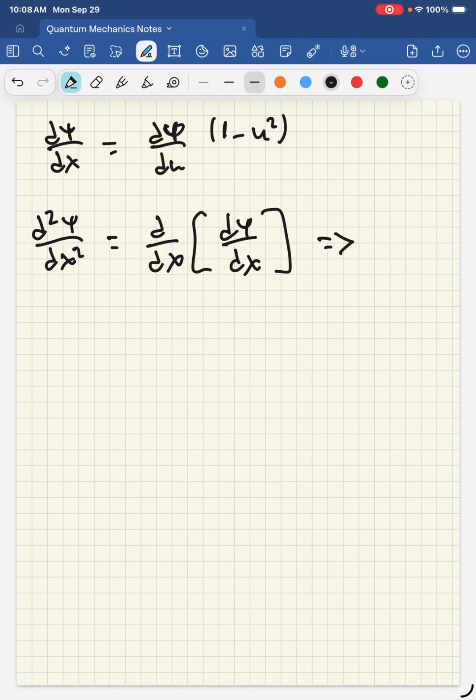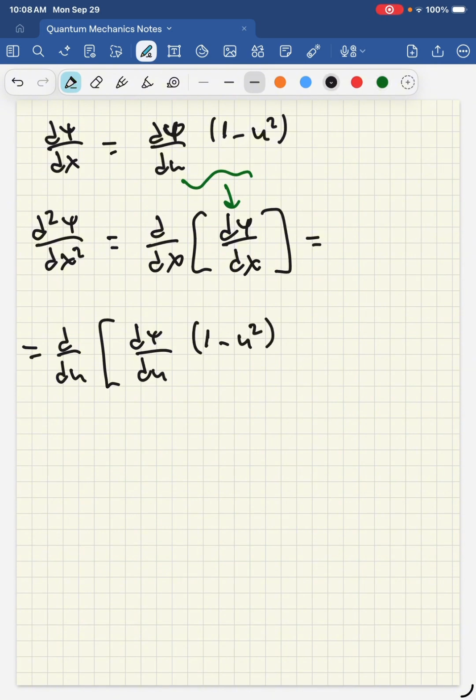So this is equal to d over du times d psi over du, because we already calculated this, we can plug it in: d psi over du times 1 minus u squared. And then we need du over dx, which we calculated before.